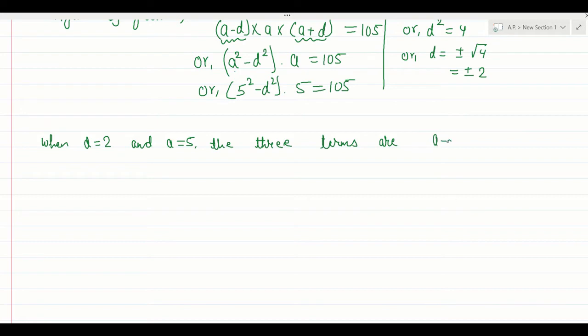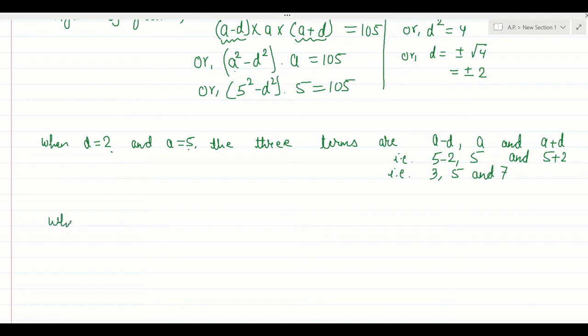We supposed A minus D, A and A plus D. How much is A? A is 5. How much is D? D is 2. So it is 5 minus 2, comma 5, and it is 5 plus 2. That is 3, 5 and 7.